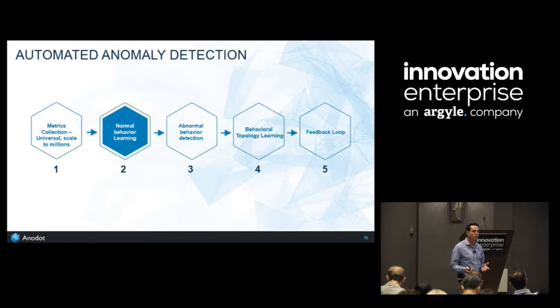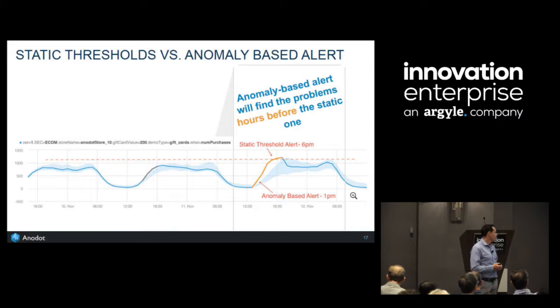And then what we want to do is to learn the normal behavior. And why do we want to learn the normal behavior? So when something abnormal happens, we will be able to detect it and alert on it in real time. This example shows a graph from the Anodot system, and you can see how an anomaly-based alert will find the problems hours before the static one.